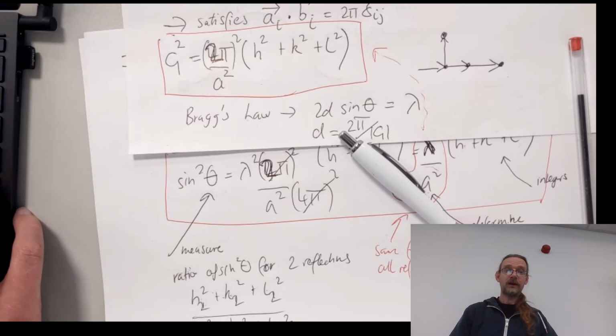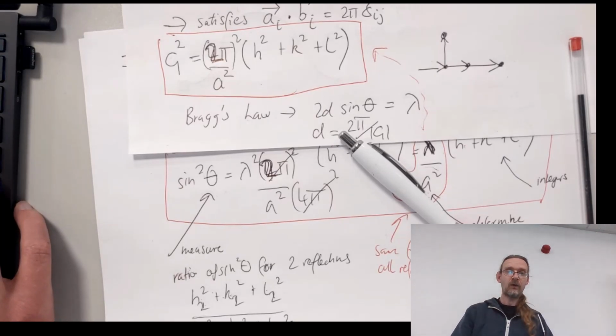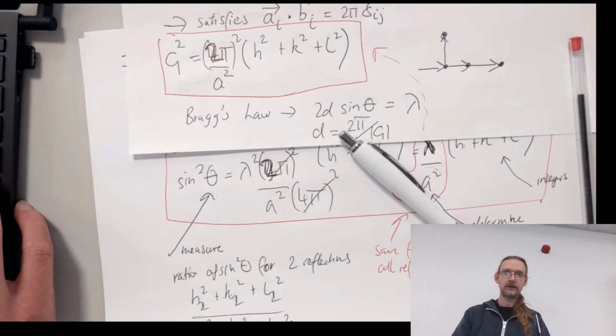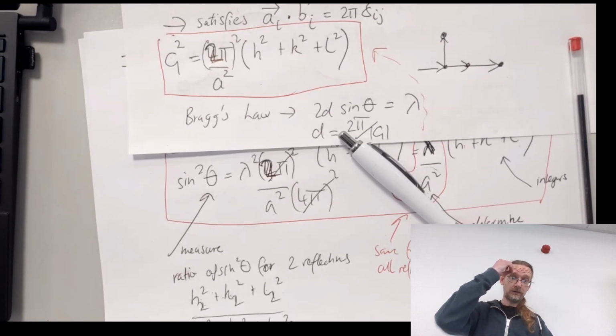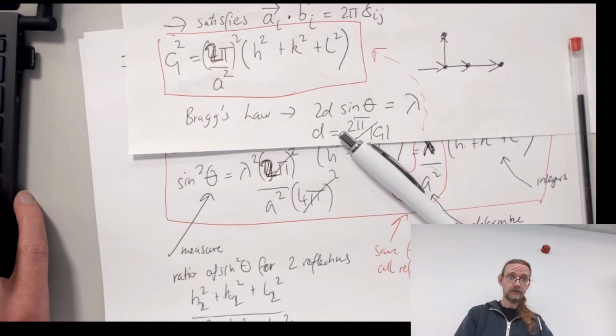So the only thing that would make sense is that this is 4/3, and it's a bad measurement. Then this was 1.